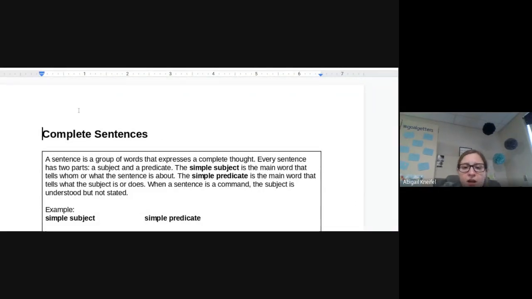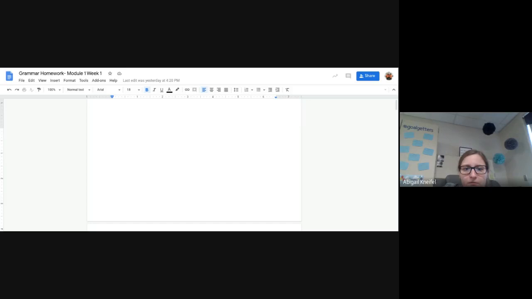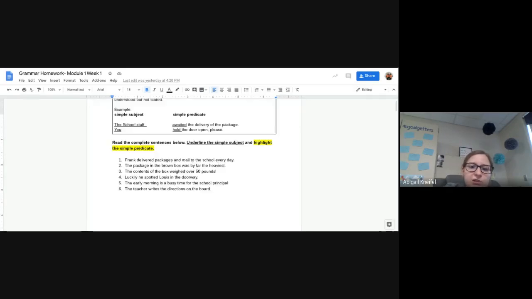So this first page is just on complete sentences. Here are just the rules that we've already read like twice today. They're just here again for you. And here's an example of a simple subject and a simple predicate. Then there are, I think, 5 or 6. Let's scroll down. No, where'd you go? I zoomed in too much, and then I tried to zoom out, and then it was too much.